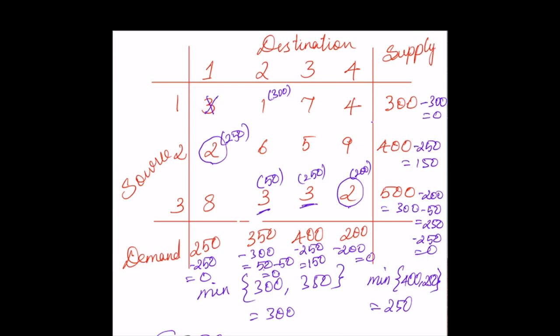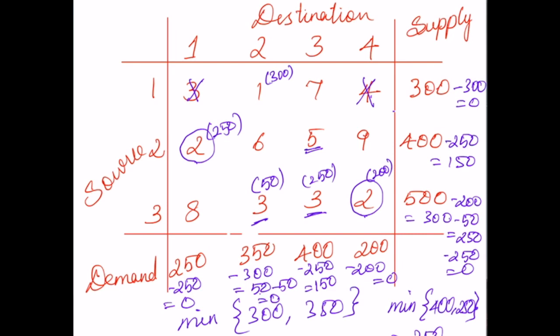Now the next least cost is this 4, but the supply and demand are already 0, so we can't select this 4. The next least cost is 5. The supply is 150 and the demand is also 150, so we can allocate 150 here.